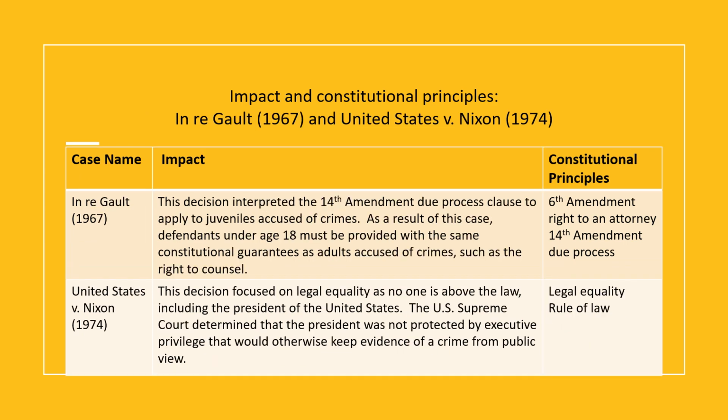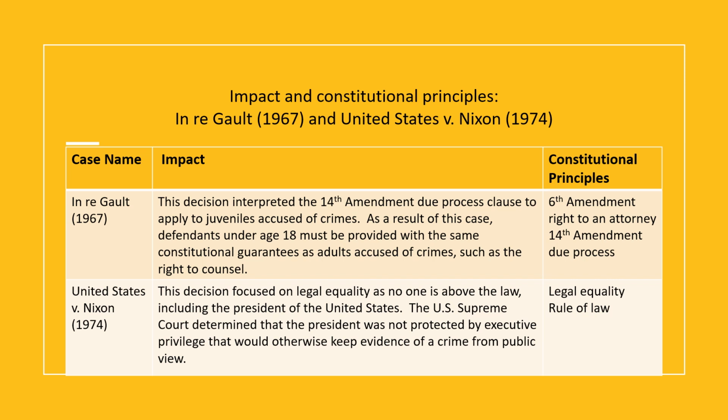We now focus our attention on In re Gault and United States versus Nixon. In re Gault focused on whether or not a juvenile, a person under the age of 18, must be provided with the same constitutional guarantees as adults accused of crimes, such as the right to counsel.